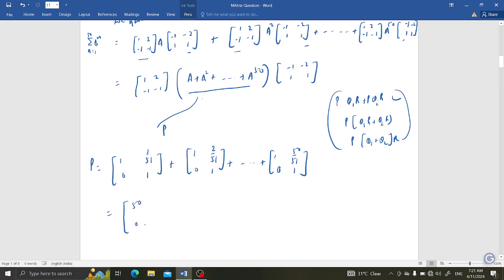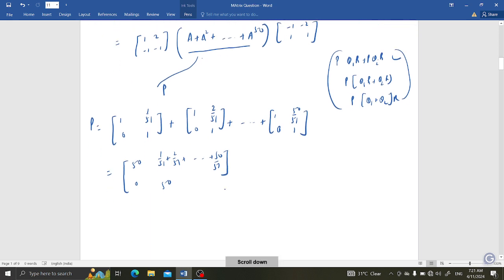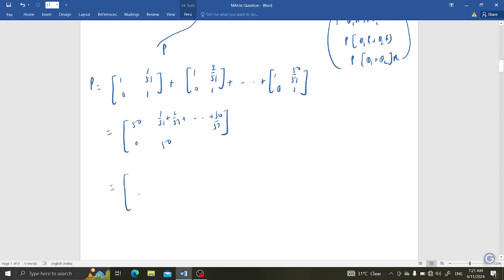Here we get 50, 0, 50, here 1 upon 51, 2 upon 51 and 50 upon 51. Okay, so what we get here? 50, 0, 50. See, LCM is same, 51, and numerator will be 1, 2, 3, up to 50.